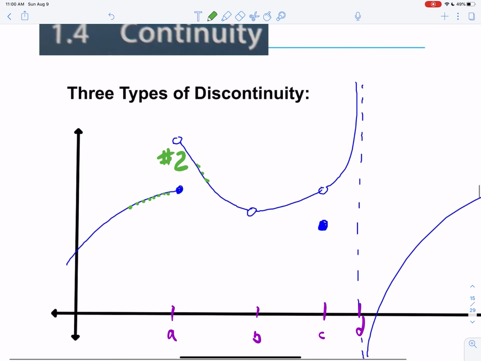Okay, let's take a look at part B. Part B broke rule number 1. It's not even defined. Okay, part C has a defined value. The limits do exist, but the limits did not equal the defined function. So here it broke rule number 3.